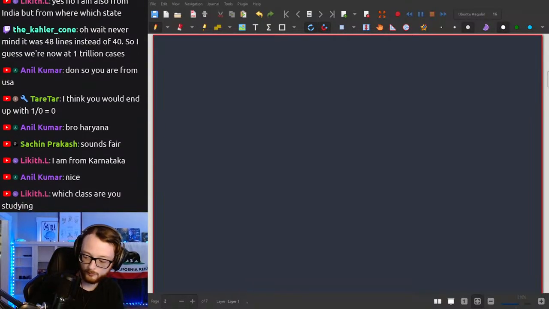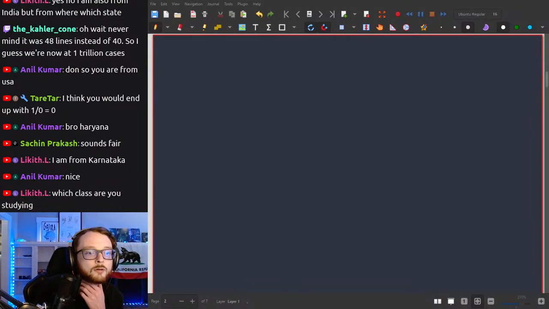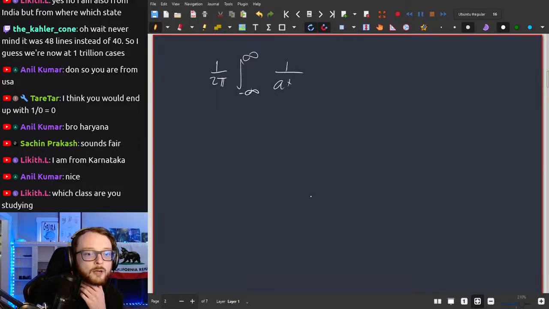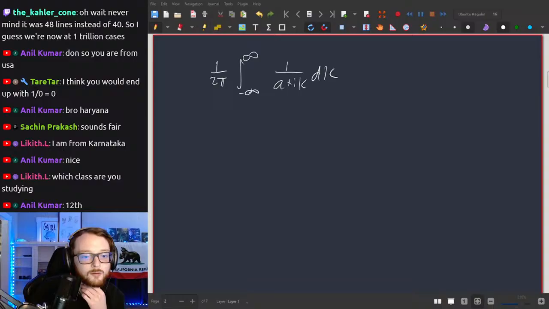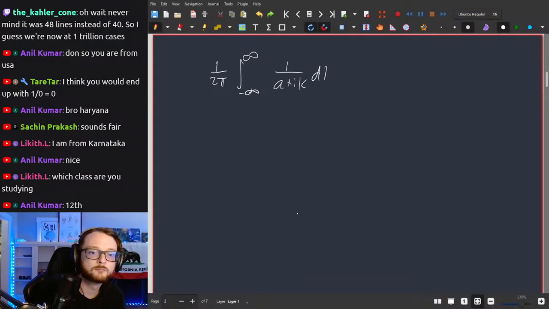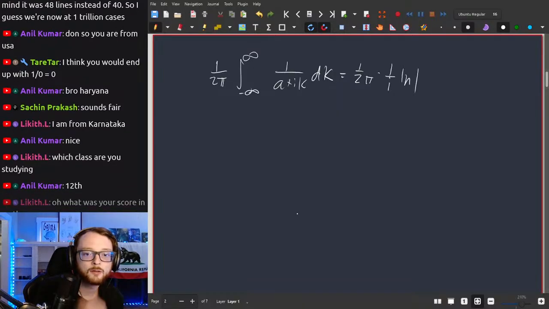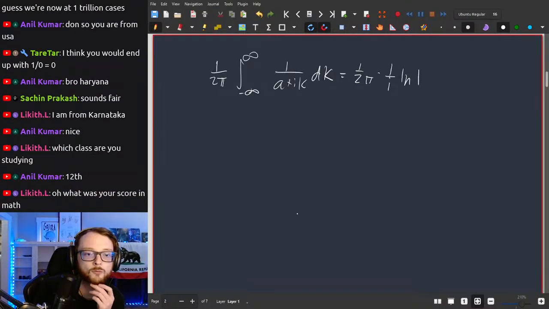So basically 1 over 2 pi, integral from minus infinity to infinity of 1 over a plus ik dk. Okay, and so 1 over 2 pi times 1 over i ln. This is, I guess, with the absolute value.